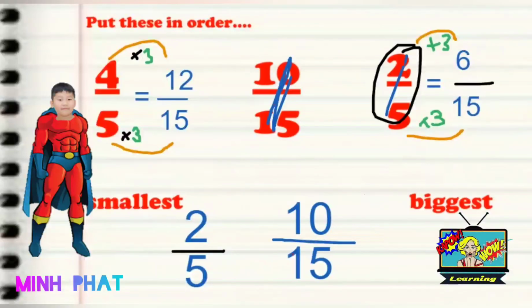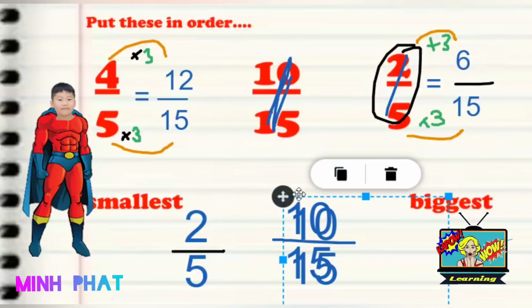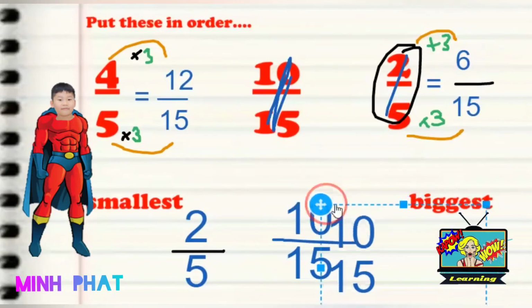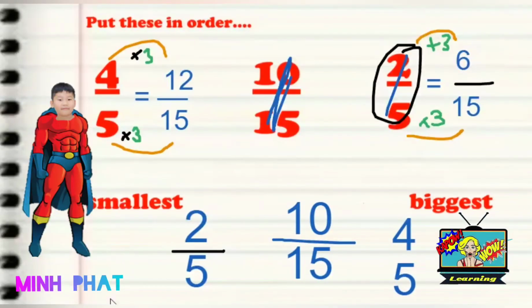What is the biggest fraction next, Ming Fat? 12 and 15. Right. Which fraction do we write down though? No, we do not write 12/15. We write down the fraction we were given. So what fraction did we start with? 4/5.